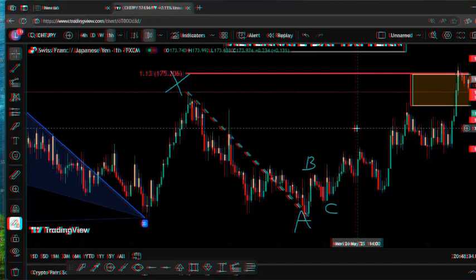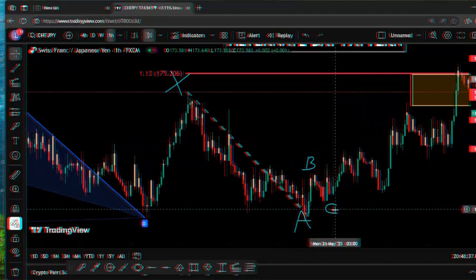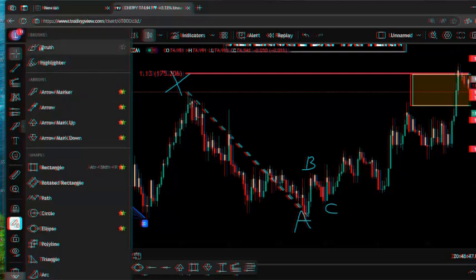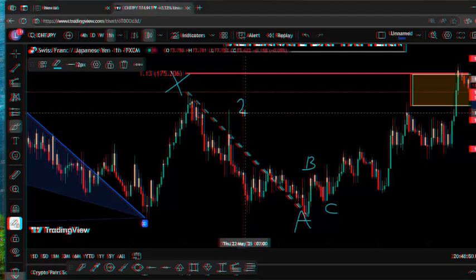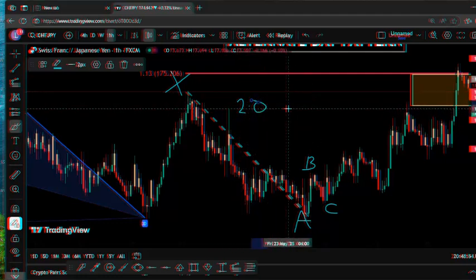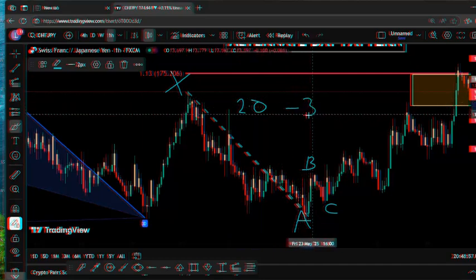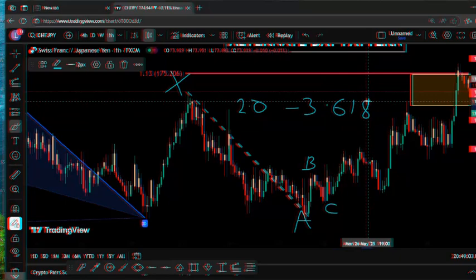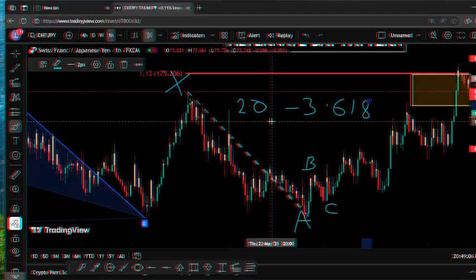We also need to measure the B to C leg. We need numbers between 2.0 and 3.618, numbers like 2.0, 2.24, 2.4, 3, 3.14, 3.24 and 3.618.